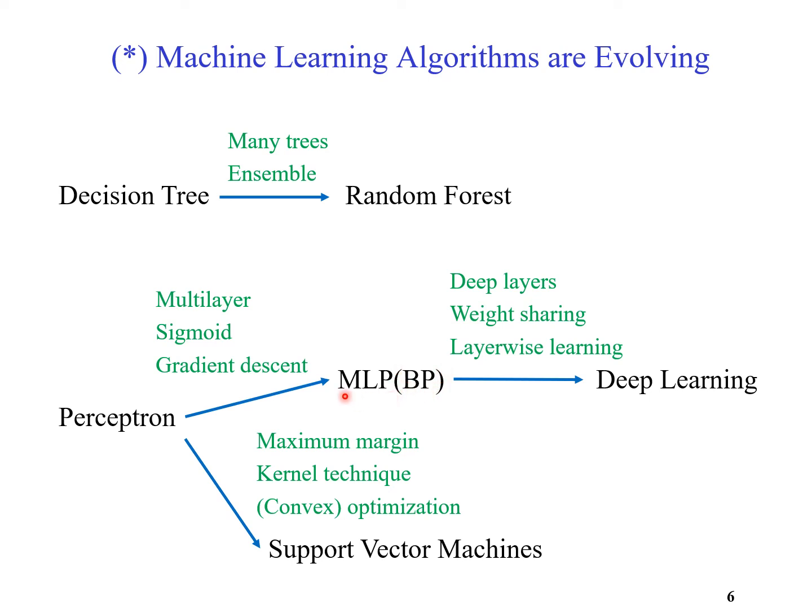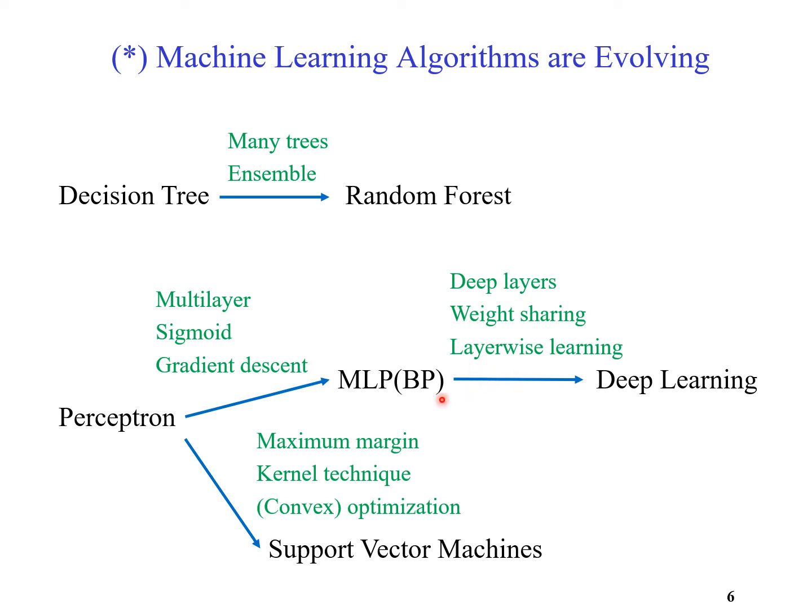Now we have a neural net, but the neural net has its own problems like vanishing gradient or too many parameters. Because of that, the performance of the neural net is not quite impressive compared to other state-of-the-art methods. So recently, the neural net has evolved into deep learning, which we're going to learn later on.